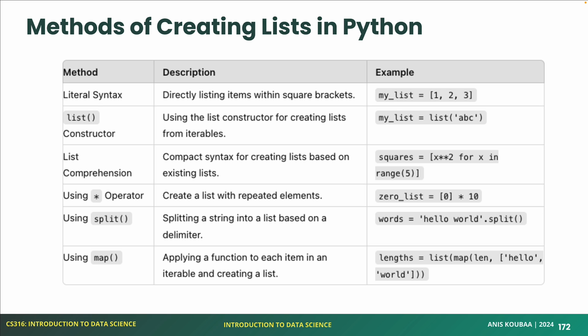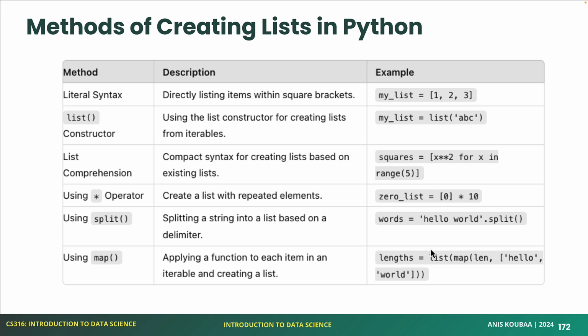These are the different ways on how we can create a list. So you can take a string and convert the string to a list by using the dot split. It's going to split a string into a list based on a delimiter. So this is going to create a list of characters. I can also create a list of words. If, for example, I make the delimiter a space, it's going to separate the different words.